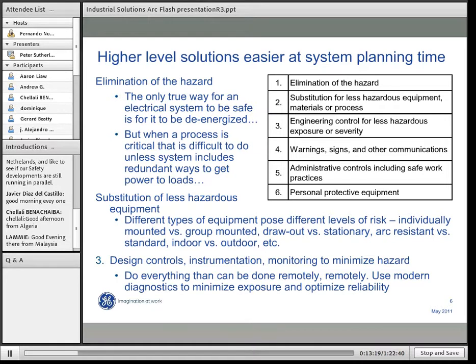And then you can also do design and instrumentation and monitoring so that you can do as much as possible remotely. Instead of walking around with a clipboard and writing down meter readings as has been done in the past, now you can stay in your office and get all the meter readings on your computer.